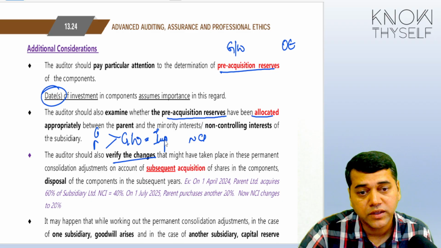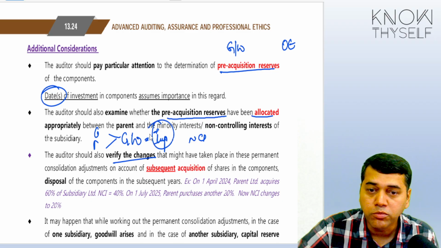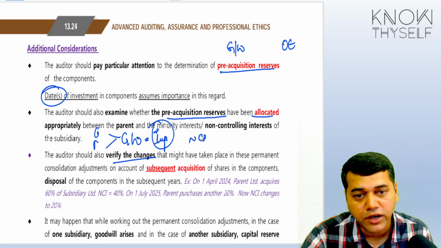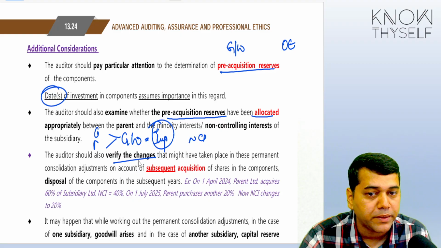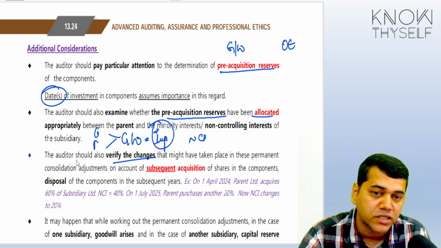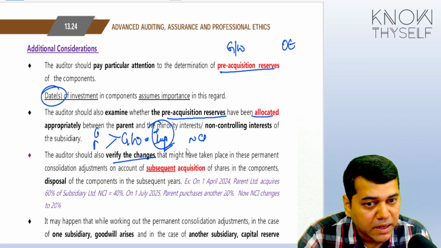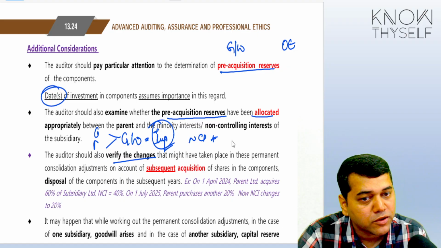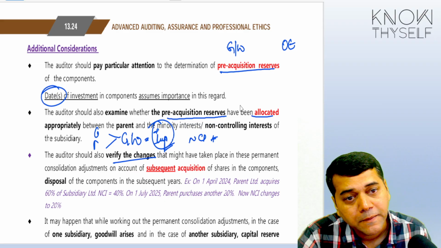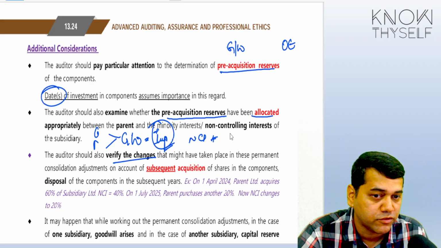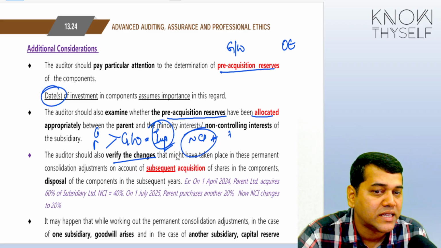Why? Because when the impairment happens, should I allocate it to NCI or fully to the parent? That depends upon the goodwill calculation method. So this is one thing to consider, impairment of the goodwill, and NCI will subsequently change because of the post-acquisition profit plus the dividend of the NCI.